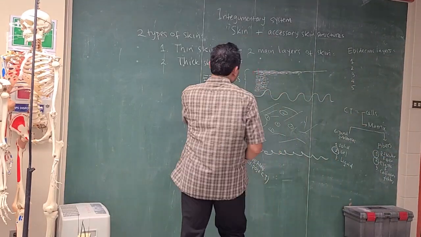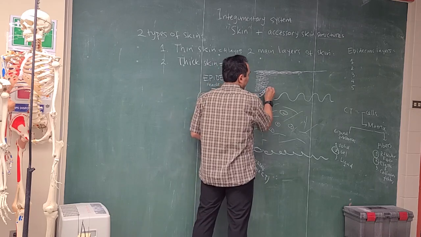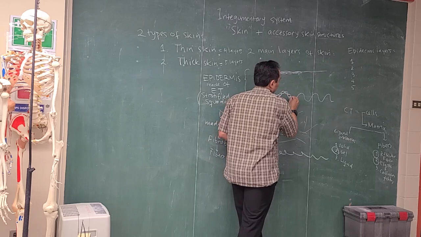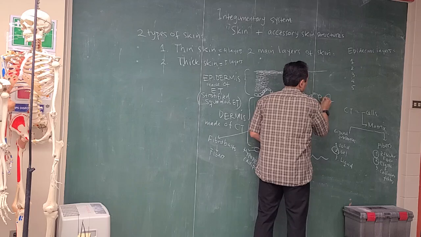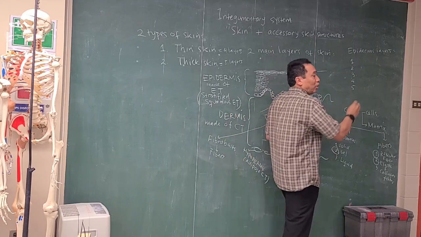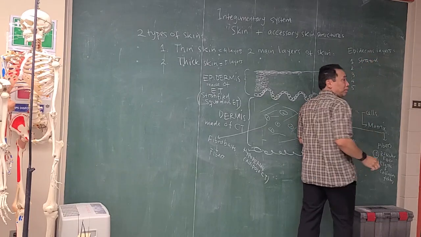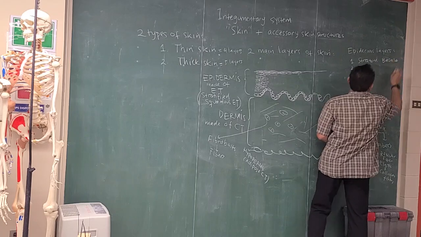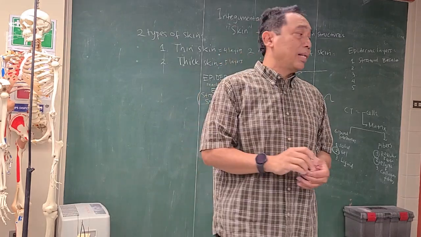Okay, the bottom layer over here, which is the one that borders with the dermis, consists of one layer of cells. It's called stratum basal, on the base. Stratum basal.